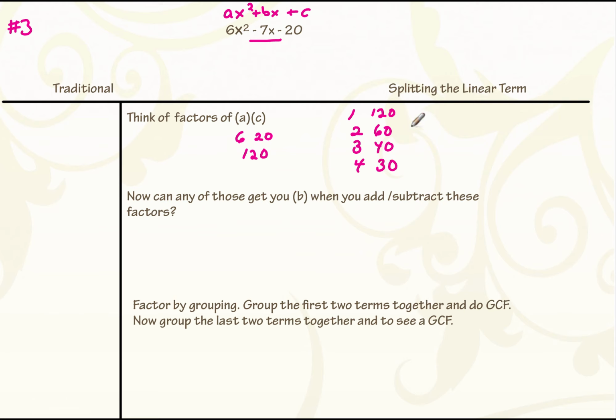Now, I can make my life easier as I'm listing them. I can kind of do them in my head. I've got to get stuff that are 7 away from each other. So right now, these are really far apart. So let's see. 5 and 24. 6 and 20.